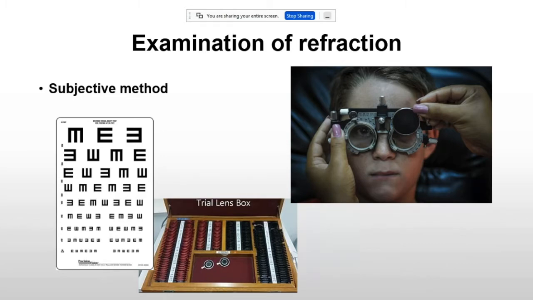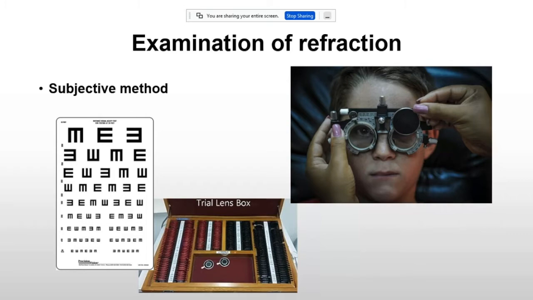But as far as checking and correcting the refraction, we are interested in clinical refraction, not how much the cornea and the whole eye refract in diopters, but where the focus falls on the retina. So you already had a lecture about visual acuity, right?